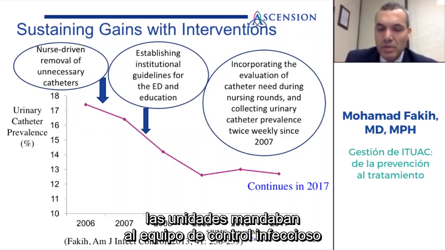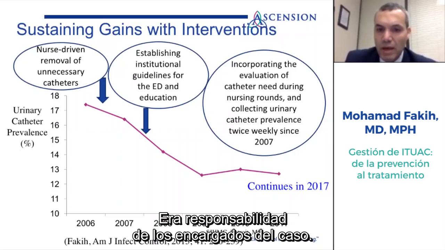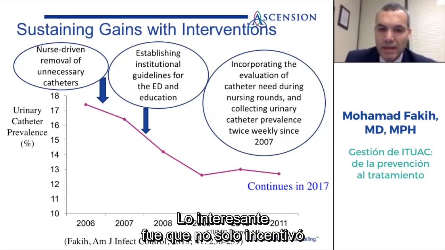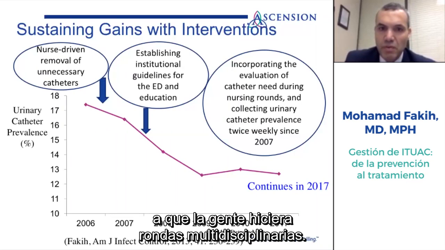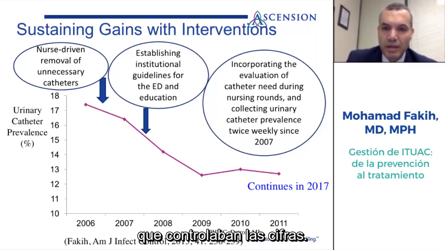the units would send to the infection control team device utilization data on Tuesdays and Thursdays, and it was the responsibility of the case managers. And what was very interesting is that this did not just push for people to look through multidisciplinary rounds, but people always knew that someone is watching, someone is following up on the numbers.